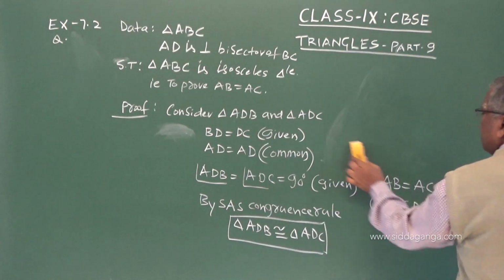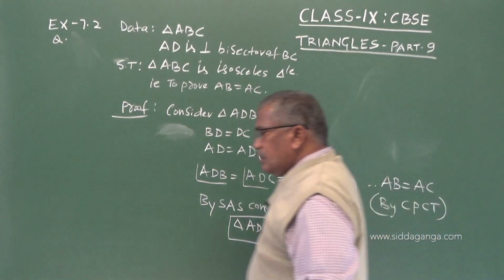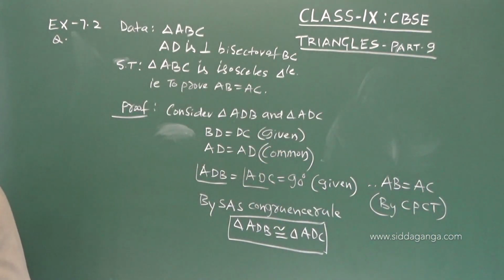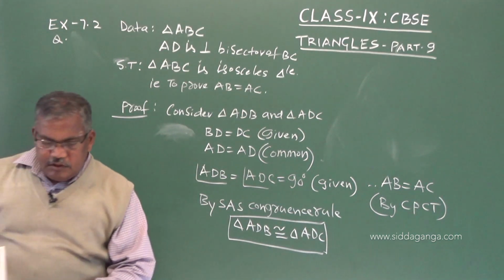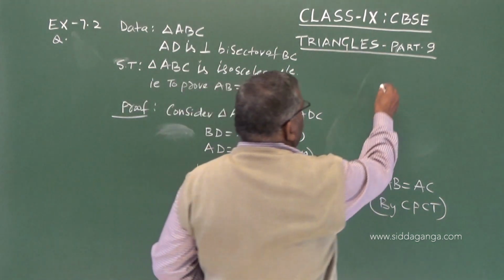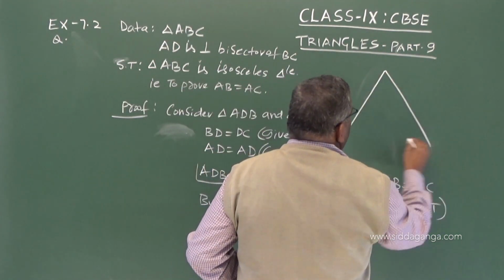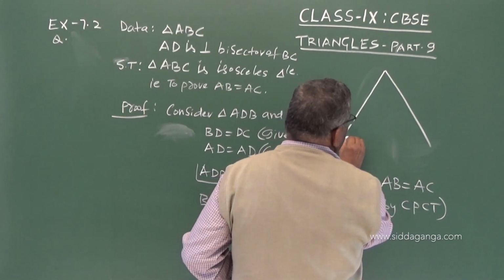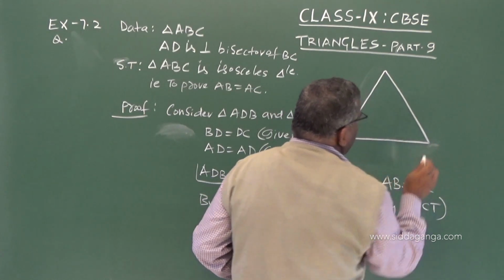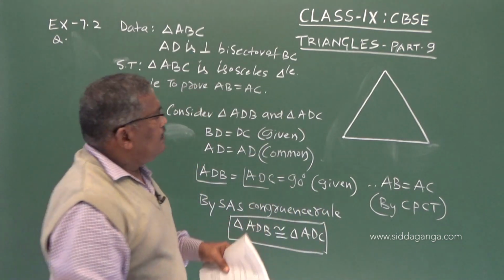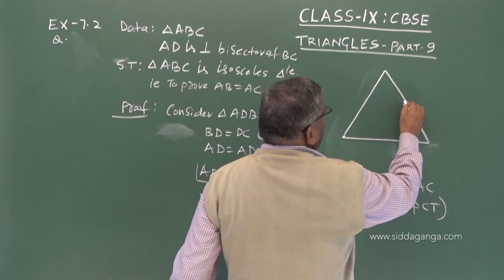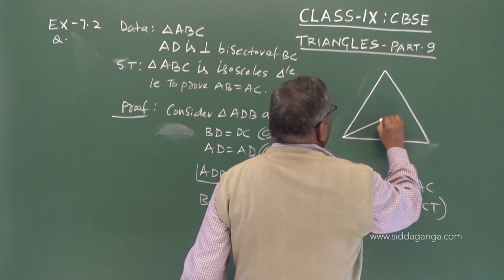So now I will move on to question number 3 of exercise 7.2. So again there is a diagram given like this. This is triangle ABC and altitudes are given.